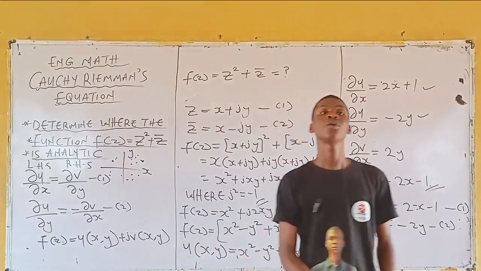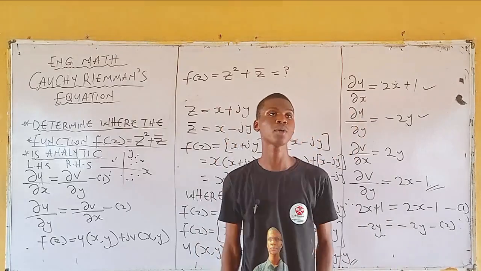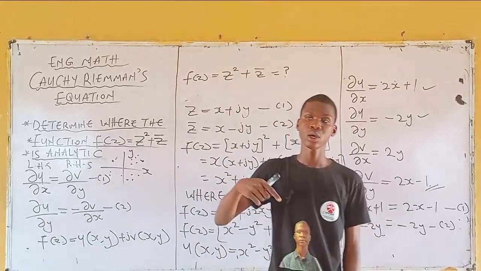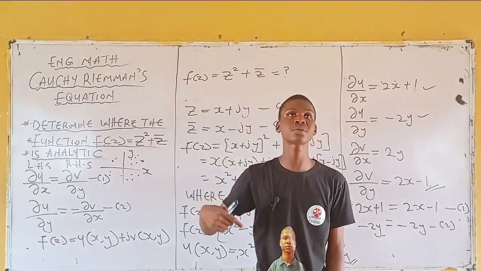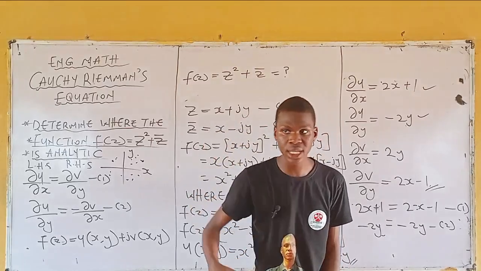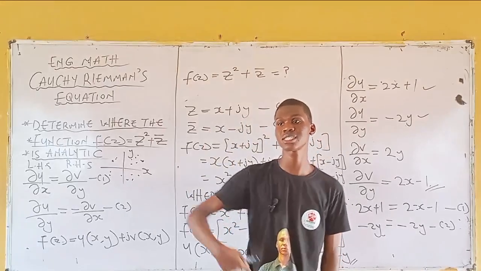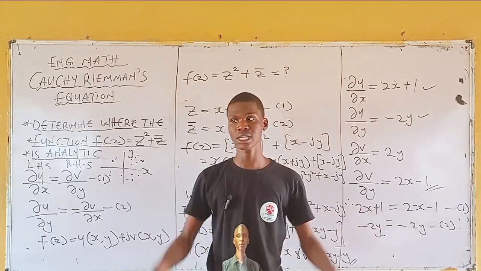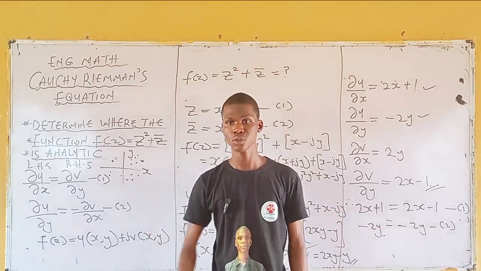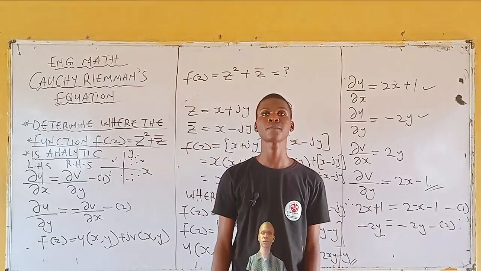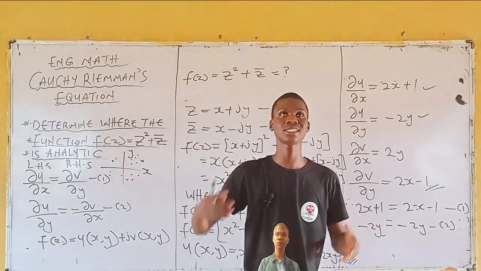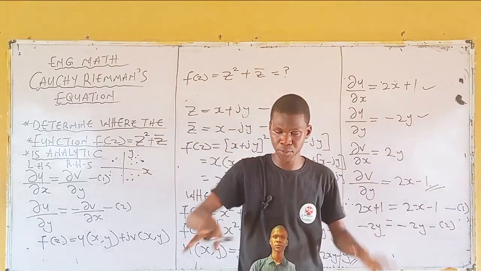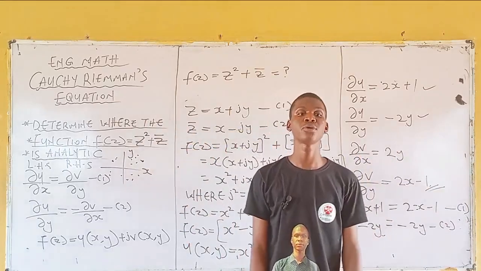Okay, now what's the idea of analytic? When we started Cauchy Riemann's equation, your complex function becomes an analytic function when Cauchy Riemann's equation is satisfied. Do we say that one of them should be satisfied, or both should be satisfied? Both should be satisfied. So let me ask that same question again. Is your function analytic at some point, or for every point, or not for every point? Not for every point.